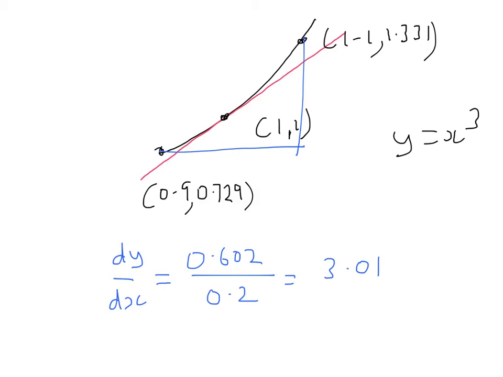Now what we would find is that if we took even closer intervals, instead of going from 0.9 to 1.1, we went from 0.99 to 1.01, this number would get closer and closer to 3.